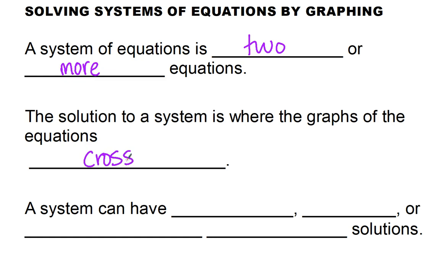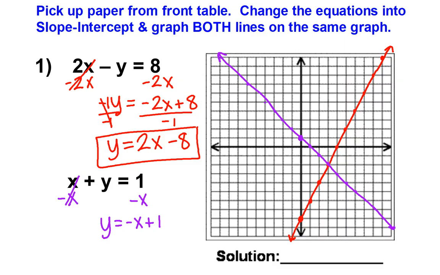Okay? So what that means is, if I go over here, where do these two lines cross? Well, they cross right here, which is at 1, 2, 3, negative 2. So 3 comma negative 2 is the solution there. Perfect. So great, that's where they cross. What does that mean? What that means is that point is true for both of the equations.